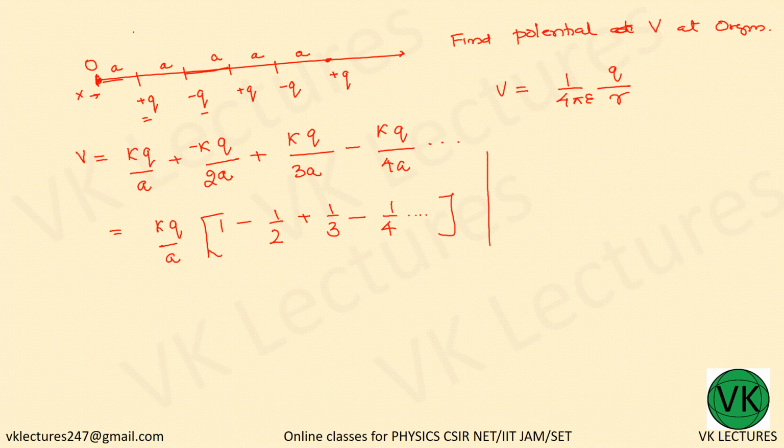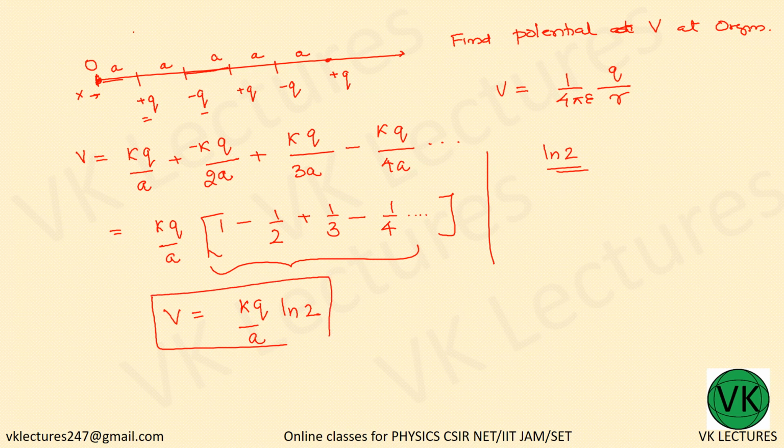Now this was nothing but log 2, all these things. So V is equal to kq by a log 2. If you don't remember that this 1 minus 1 by 2 plus 1 by 3 minus 1 by 4 is nothing but log 2, then you cannot solve this problem. So that's why summation and series are important.